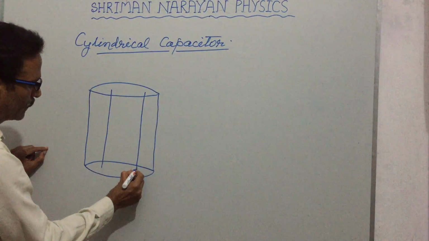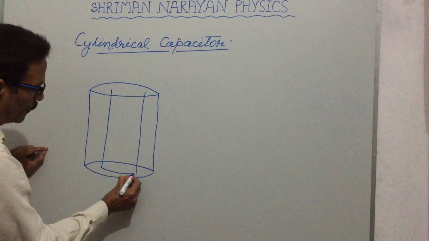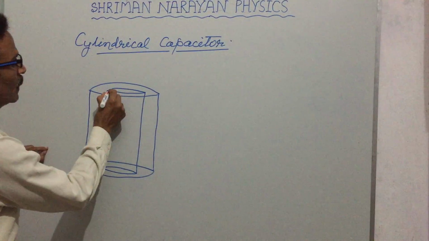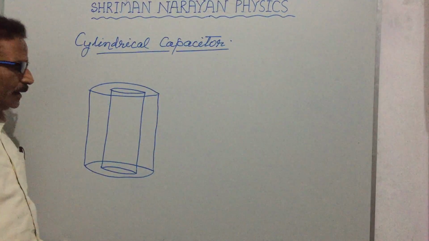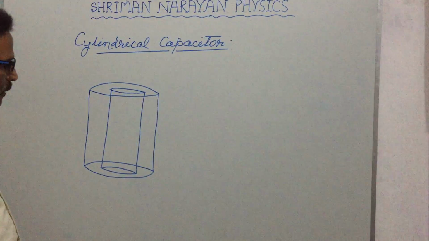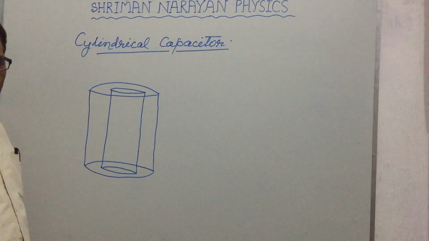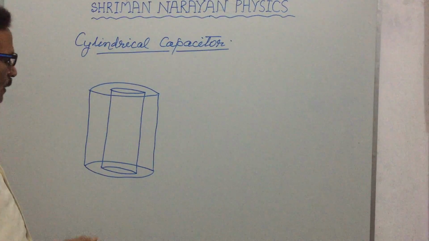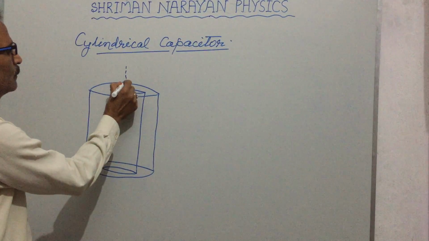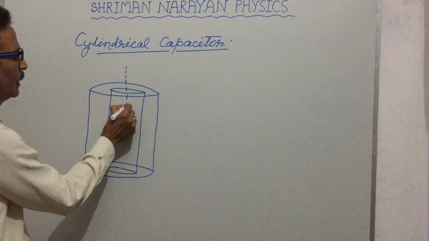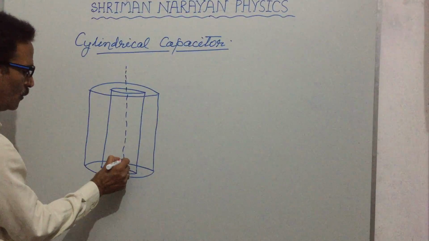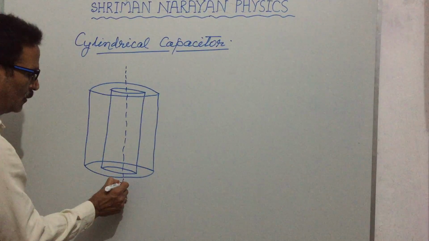These two cylinders are hollow and both are collinear, meaning these two are cylindrical shells. Both shells are made of conducting materials and both have the same axis. That's why I am telling you it consists of two coaxial hollow cylinders.